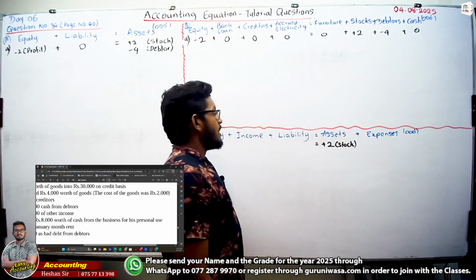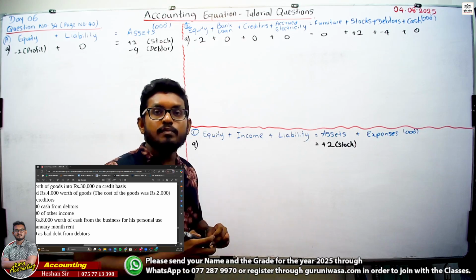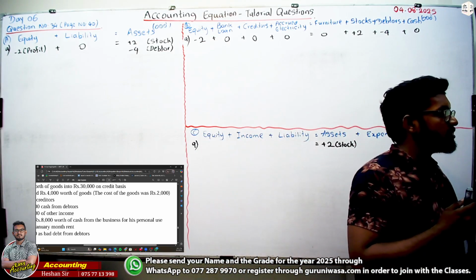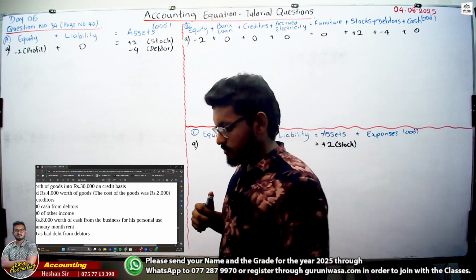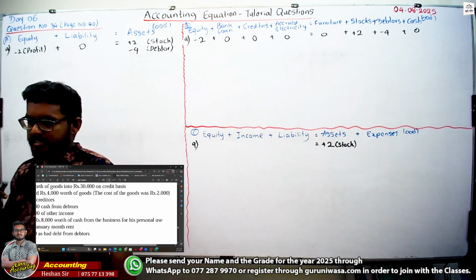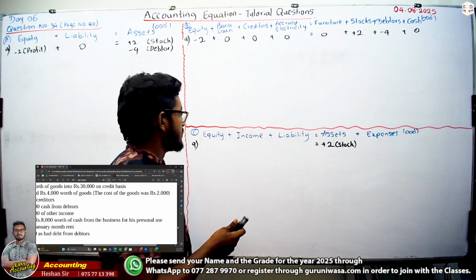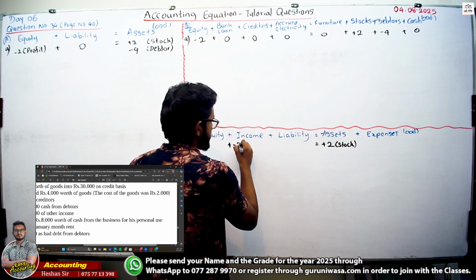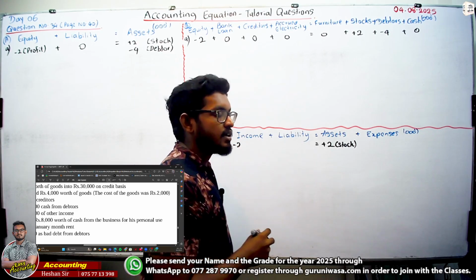Right? And also I told you, can you remember about return inwards? Am I clear to you guys? Return inwards means sales is an income. Return inwards means income decreases. Can you hear me, guys?